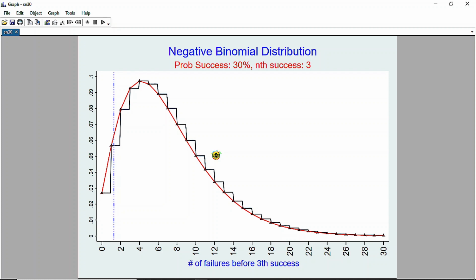We have drawn the probability mass function of the negative binomial distribution for getting the third success if the probability of success is 30% after so many failures. Nearly after the 20th failure, the probability declines to 0.